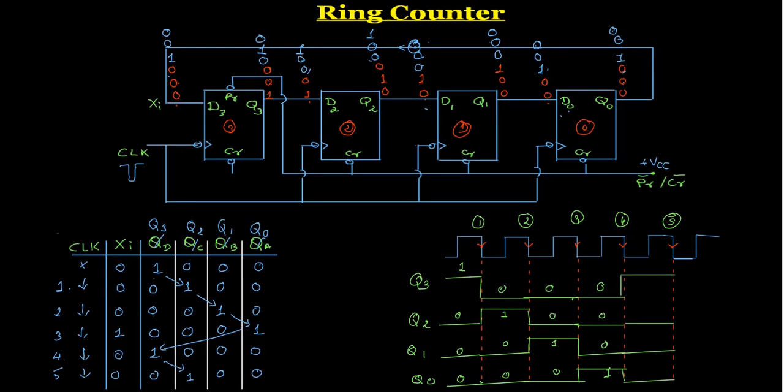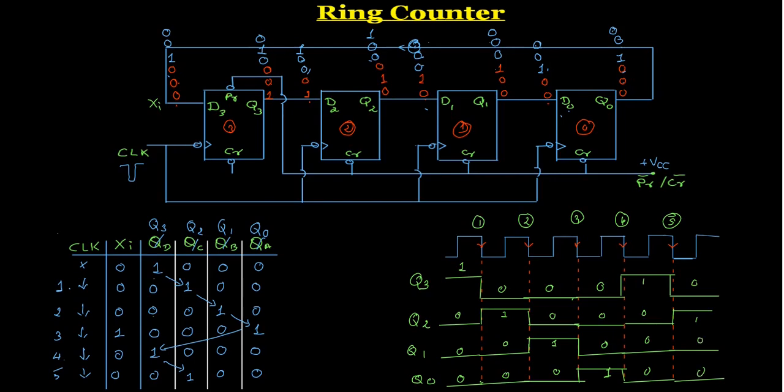And then with the fifth clock pulse, Q3 is 0, Q2 becomes high, this is 0 and this is also 0. So if we write this: 1, 0, 0, 0, 0, 1, 0, 0.